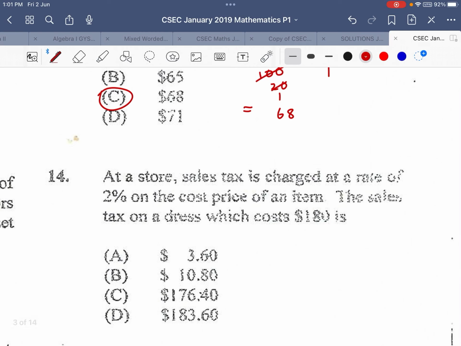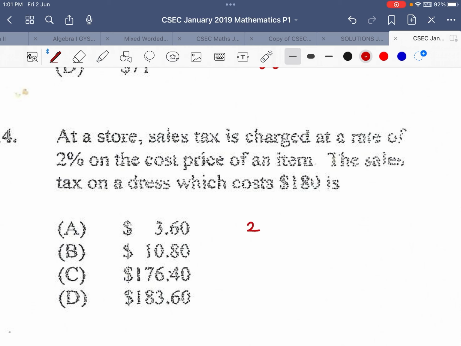Okay, at a store, sales tax is charged at a rate of 2% on the cost price of an item. The sales tax on a dress, which costs $180, is, so we'll find 2% of 180. So we'll cross this out. 2 into 2 is 1, 2 into 10 is 5.